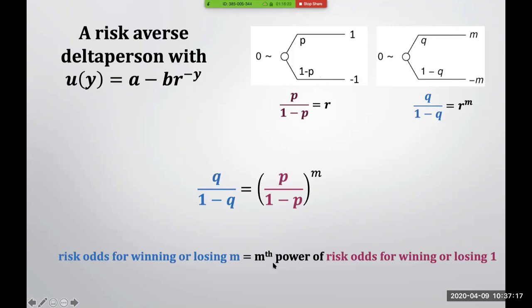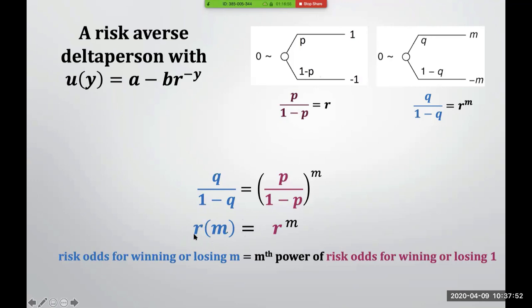Okay, so going forward, we're going to write this risk odds term using some kind of special notation, if you will. So over here, we're using R parenthesis M to refer to the risk odds of winning or losing M dollars, which is essentially equal to Q over 1 minus Q. And then we're using R to refer to the risk odds of winning or losing $1.